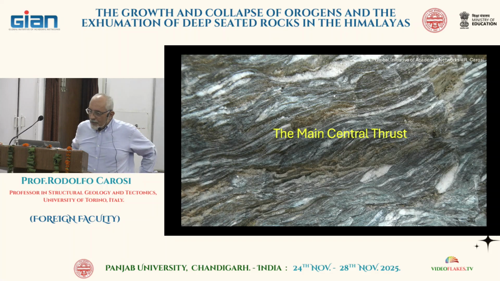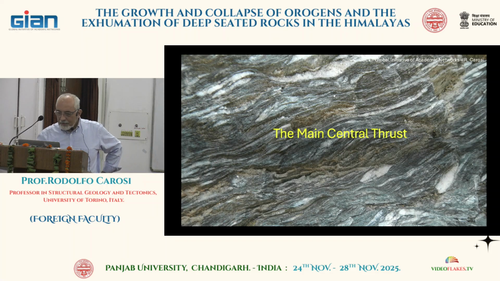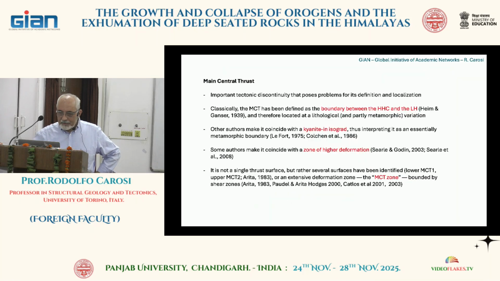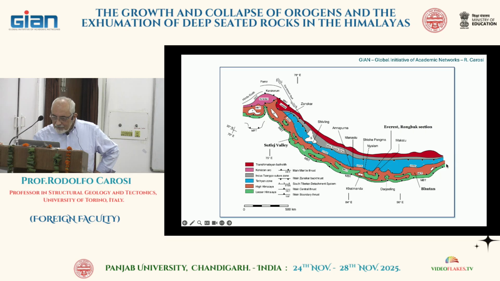Okay, now we give a detailed look to the main central thrust. The main central thrust is this line in between orange and green, the unit with some tectonic windows and some klippe.